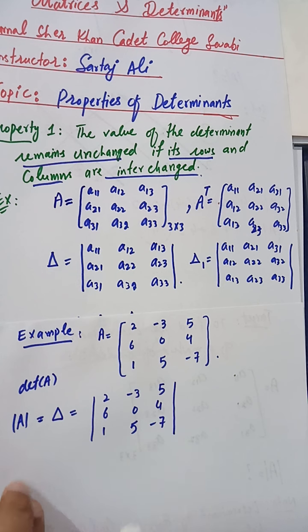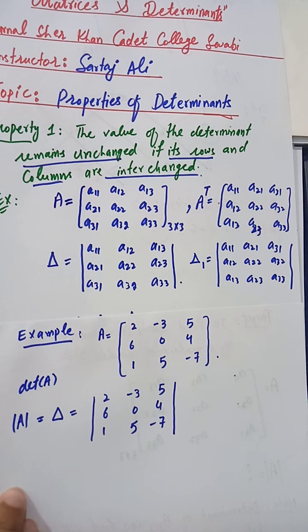The best choice is to choose a row or column which contains the maximum number of zeros, because in the formula of the determinant the elements of a matrix are multiplied with the cofactor of that element.